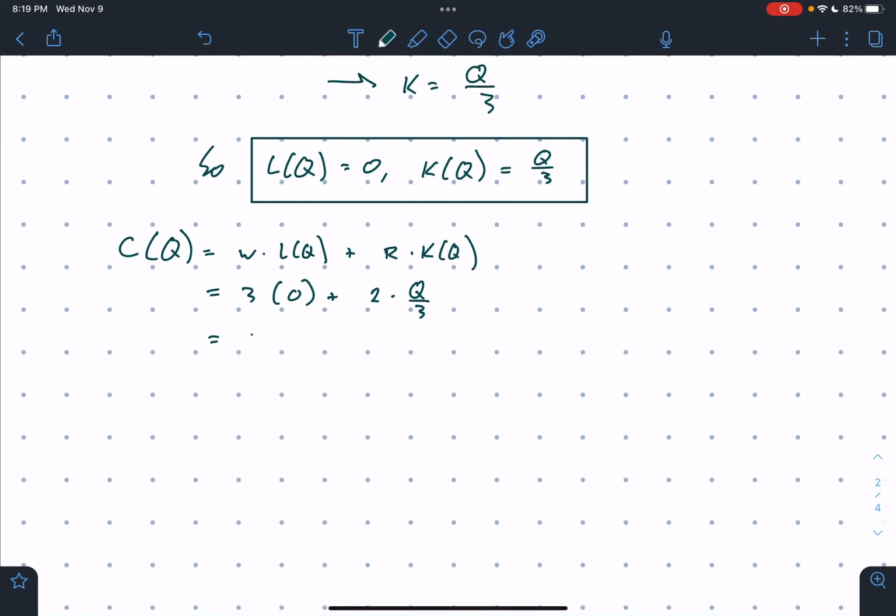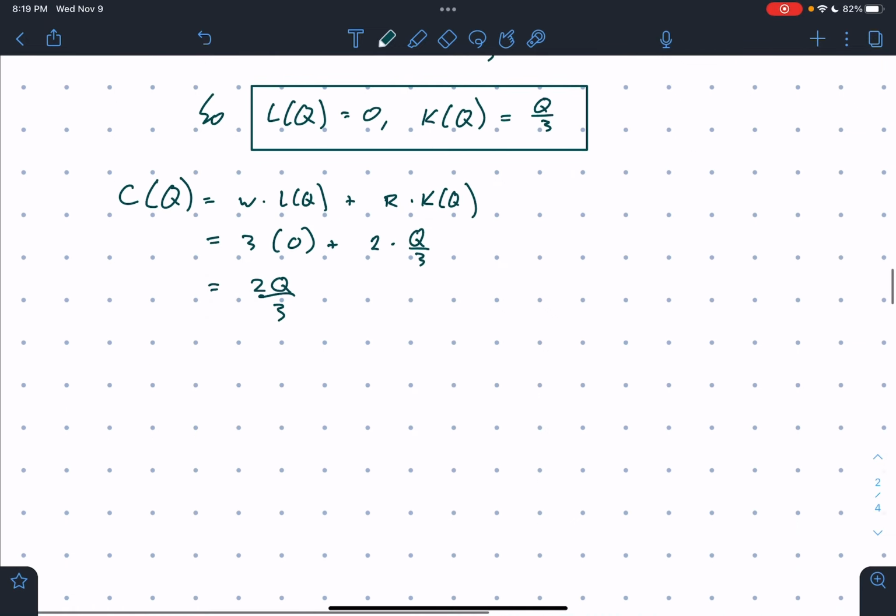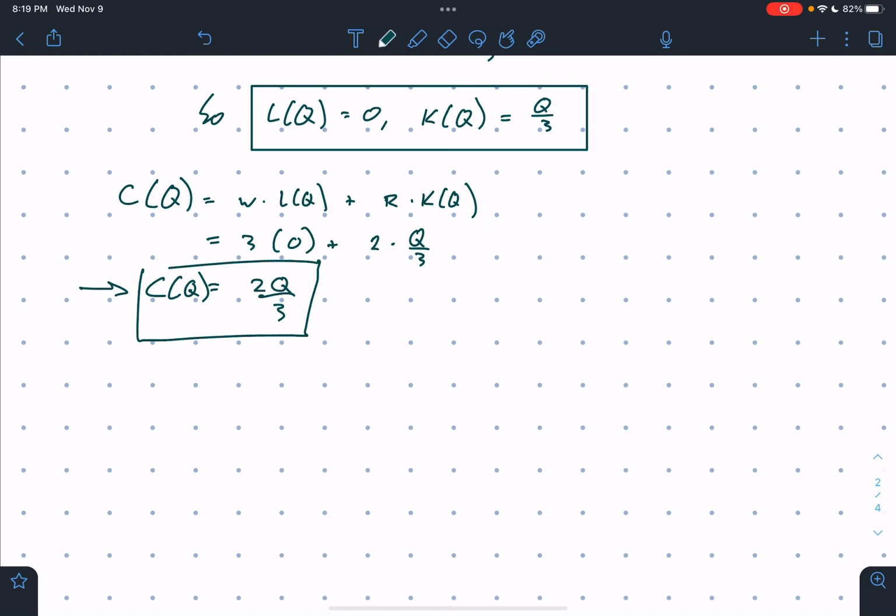So this is equal to 2Q divided by 3. So this is the total cost of producing output level Q.